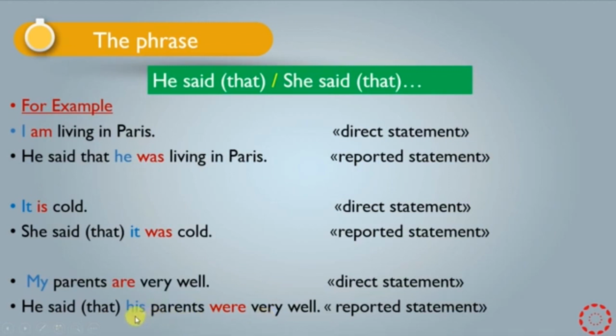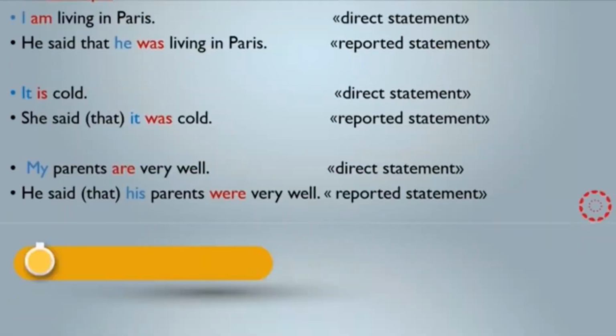Okay? So we have two options, he said that or she said that. If you want to say he said that, you have to change my to his. If you want to say she said that, you have to change my to her. Okay? And also are, there is only one option. Are became what? Were. So he said that his parents were very well. This is a reported statement.